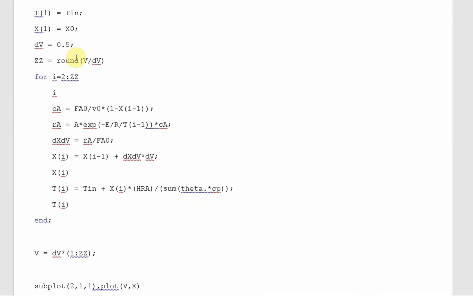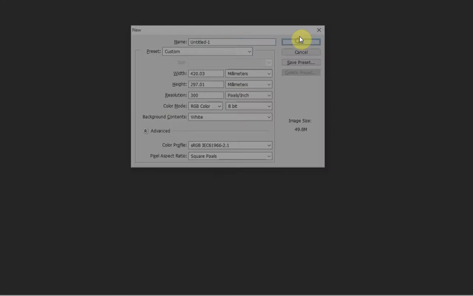And so we just read off those and we get the concentration and conversion. And you can see here we can calculate then dX/dV, so Ra over Fa naught. And so we can just add that forward in time. So that's just taking the approximation, right? It's a simple approximation.